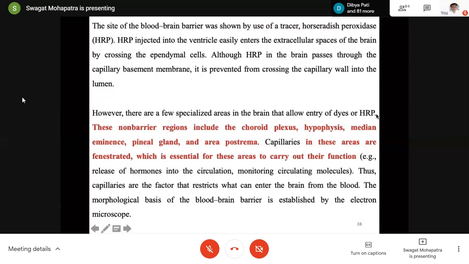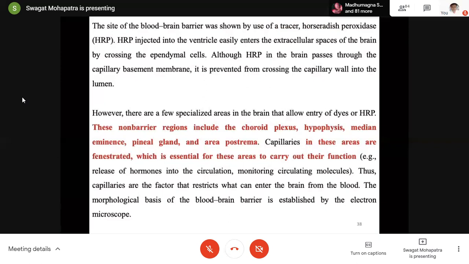Thirdly, the median eminence, which is towards the lower end of the hypothalamus. At this portion some hormones are also released. If you provide a blood-brain barrier there, then these hormones cannot reach the pituitary. So the median eminence is also devoid of blood-brain barrier.